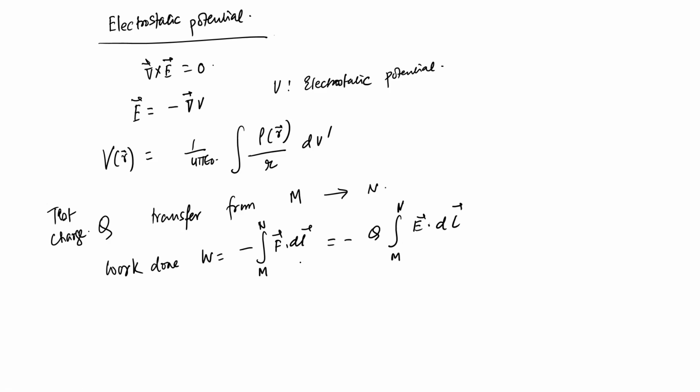Okay. dl is the path along which it is moved, and E is equal to minus grad V. So, the minus sign goes away, and we have the integral from M to N of grad V dot dl, and that gives you q times (V_N minus V_M), that is the difference in potential between the 2 points.